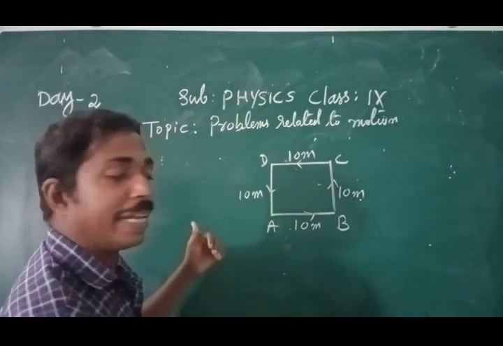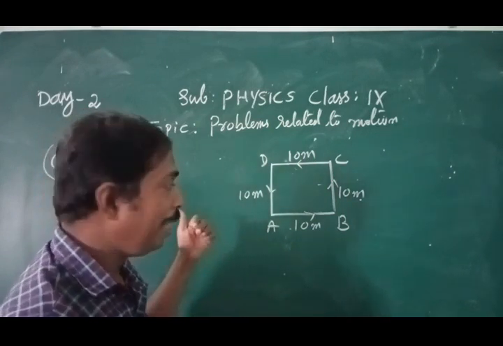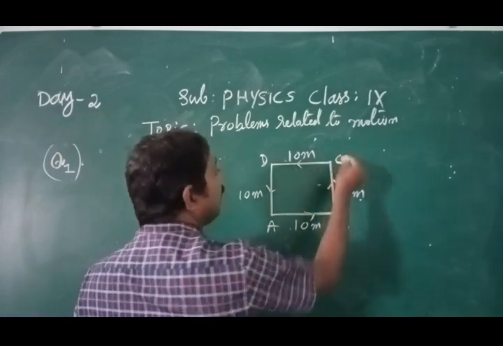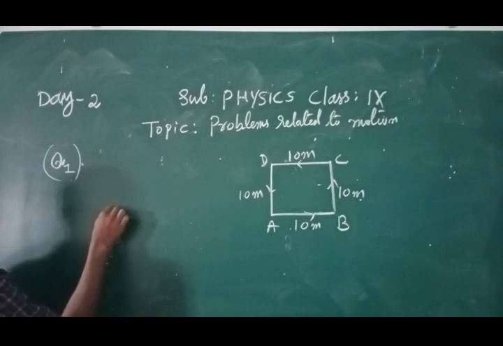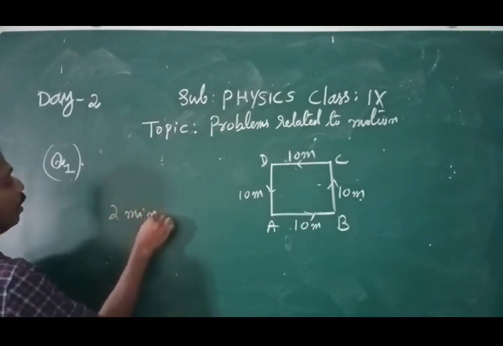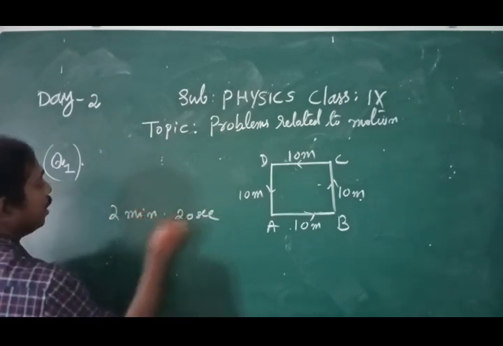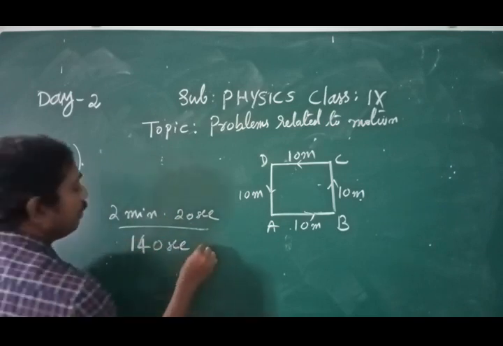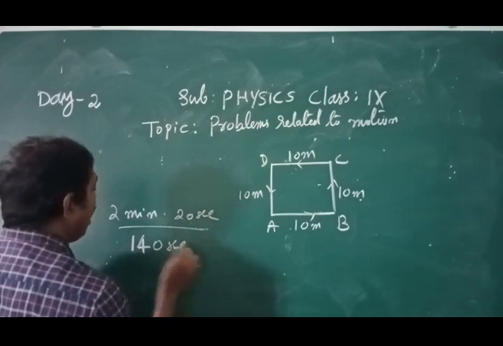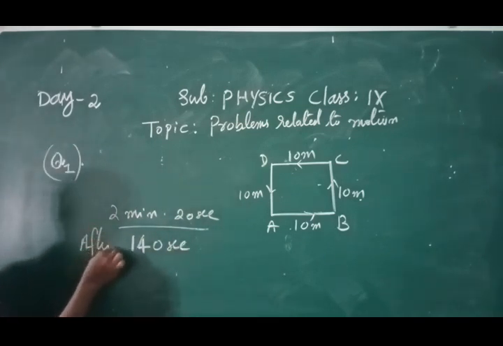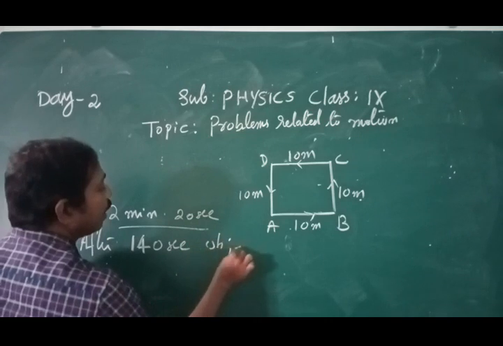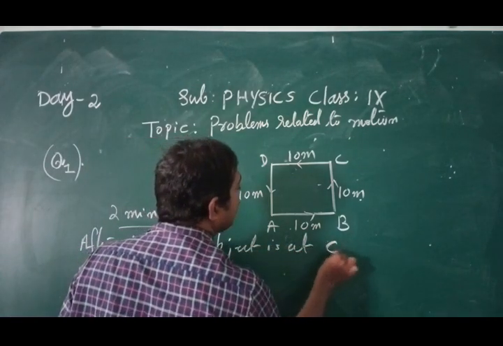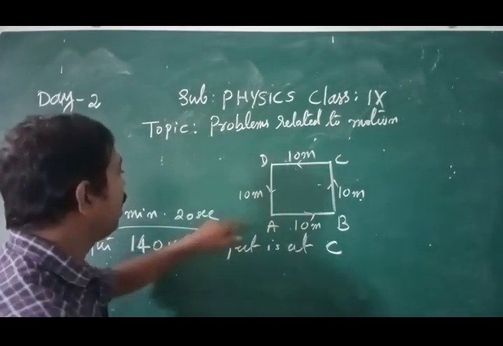Then, with uniform motion, 20 seconds are remaining. So after 2 minutes 20 seconds, that is after 140 seconds, where is the object?